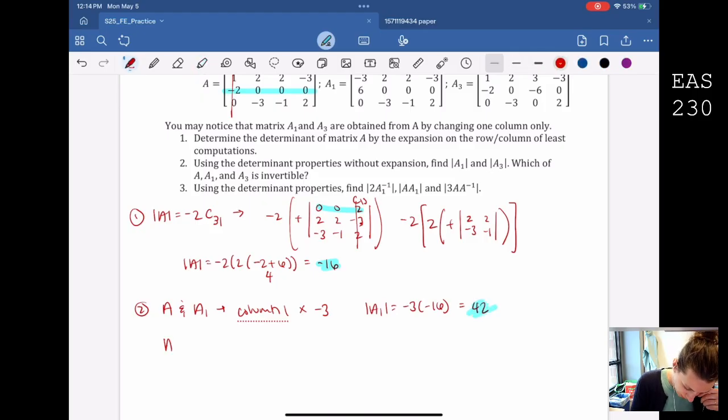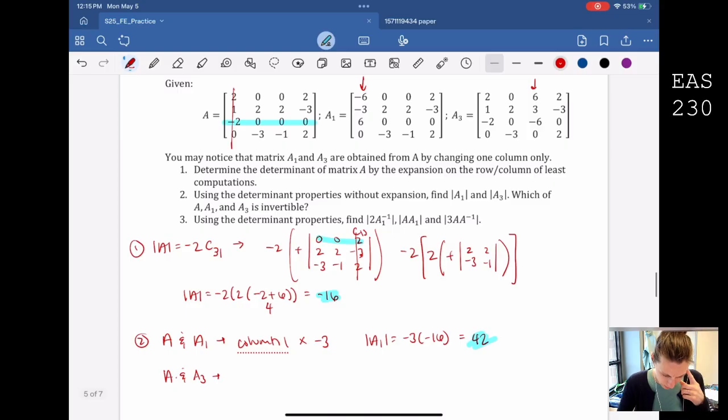If I look at A and A3, how are they similar? I can see that column 1 and column 3 are multiples of each other.